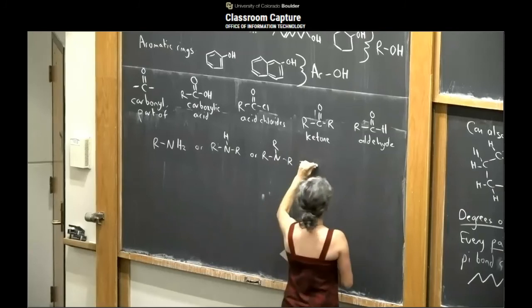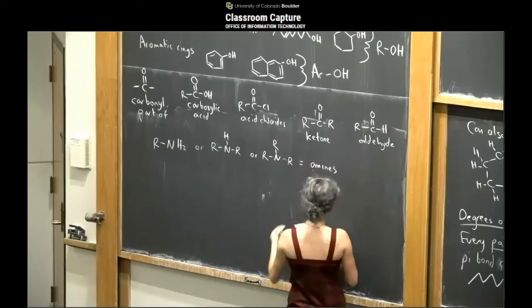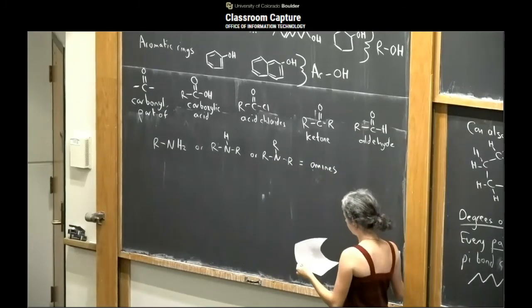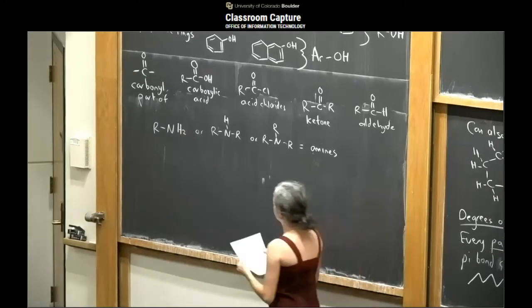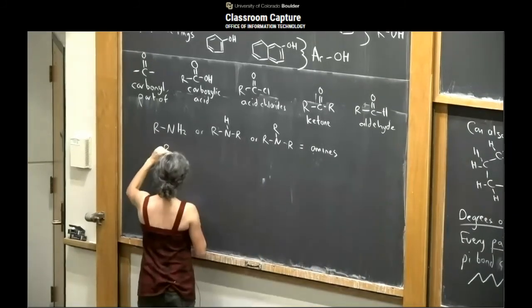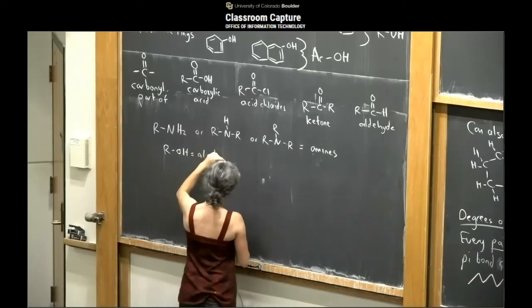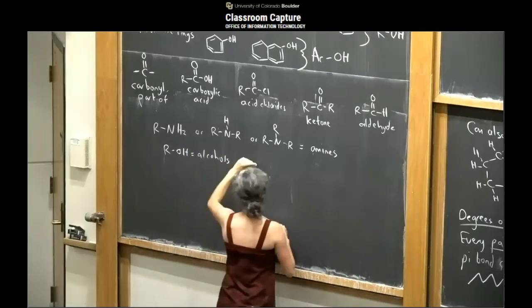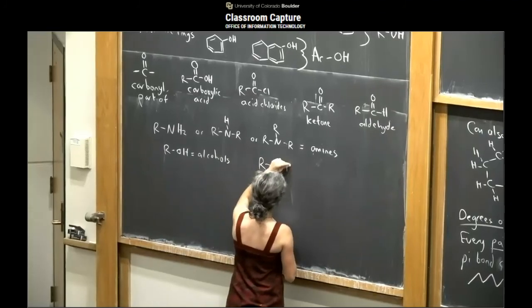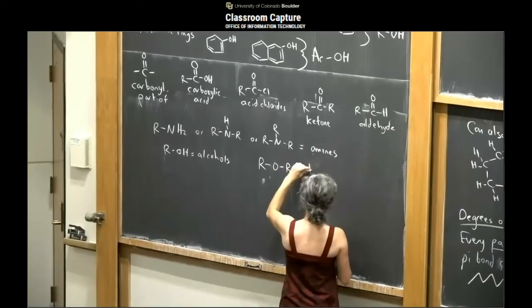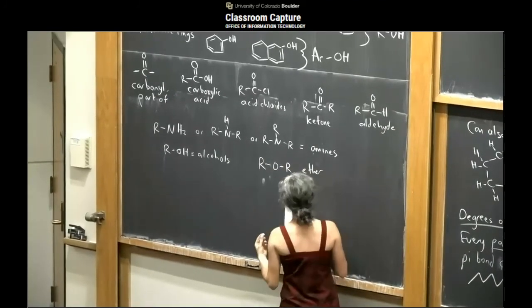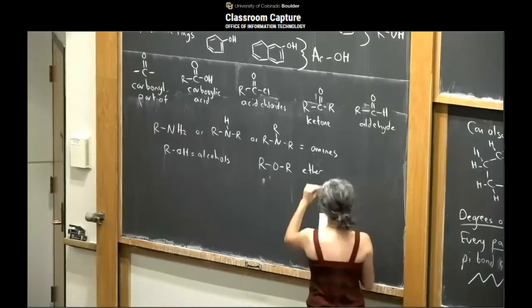These are all amines. We're also going to see alcohols, ROH. Ethers are ROR, so 2 carbon groups stick together on either side of an oxygen.